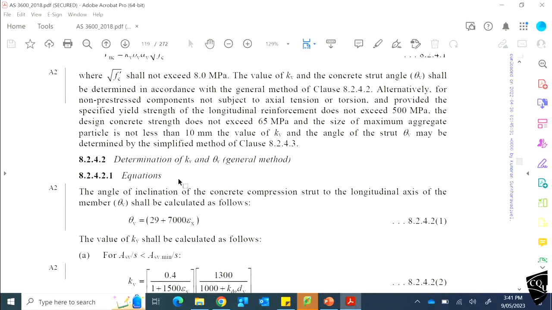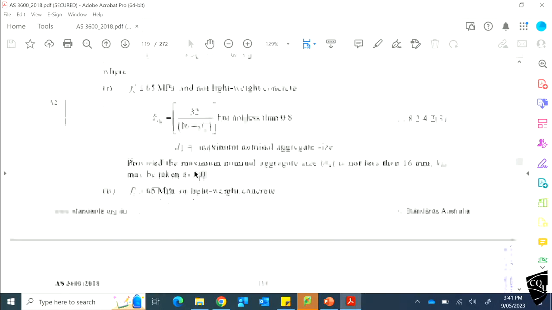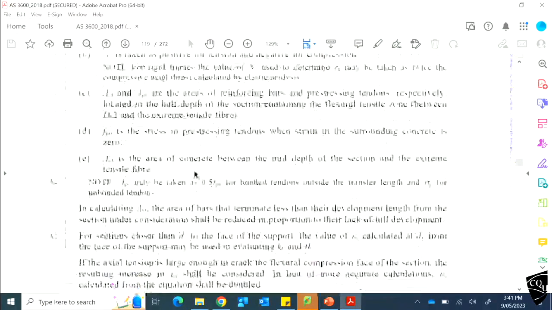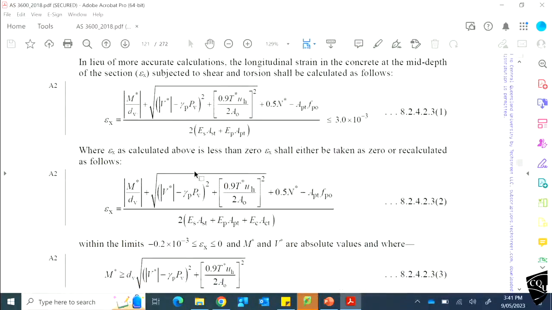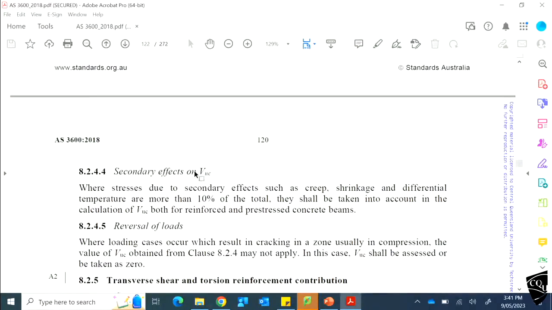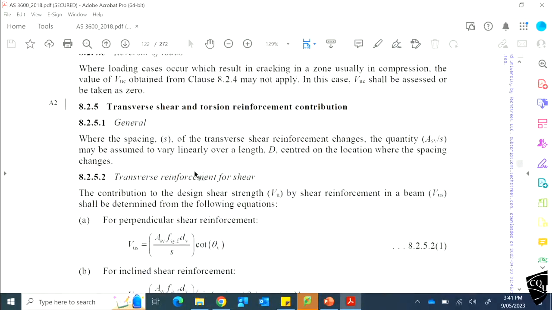So this is the kv and theta calculation method, but in the RC design we use the approximate method.